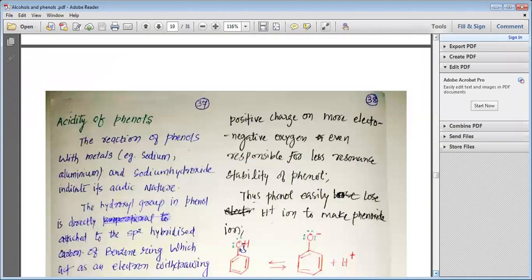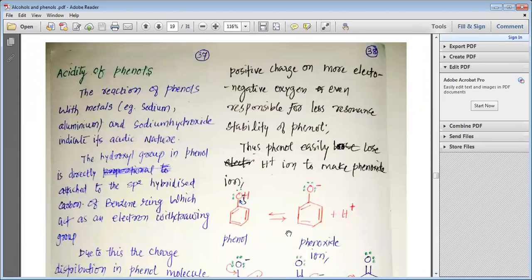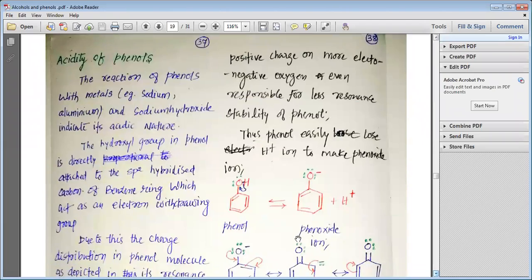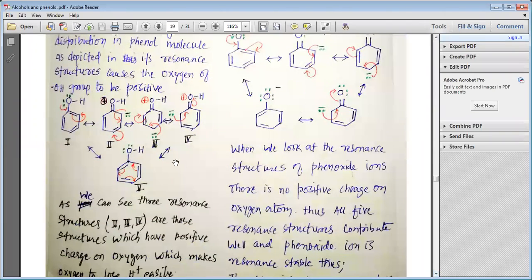When we look at phenols and their acidity, and understand the various resonance structures of phenol, we come to know that among the 5 resonance structures of phenol, 3 resonance structures have a positive charge.